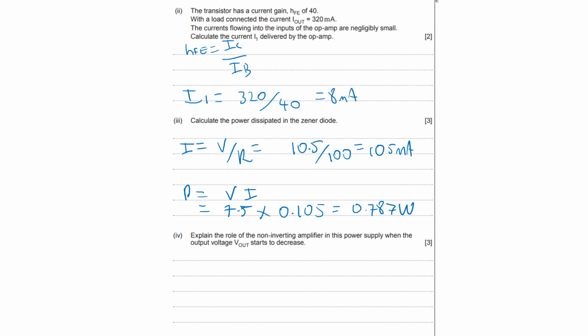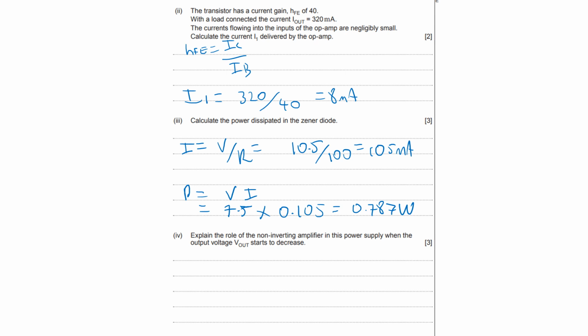Okay, right. To save me writing all of this, I'm going to try and explain the role of the non-inverting op-amp in this power supply when the output voltage starts to decrease. If the output voltage starts decreasing, the voltage that feeds back into the inverting input will start to decrease.